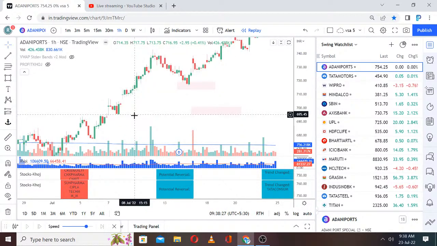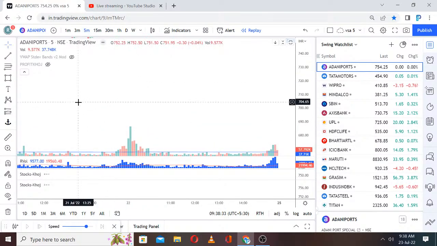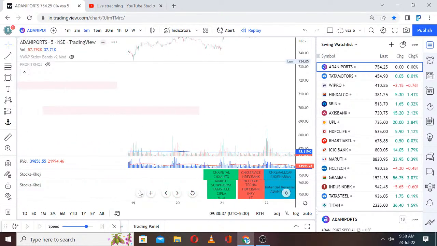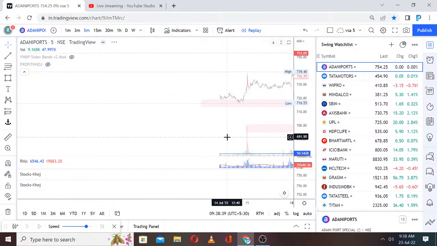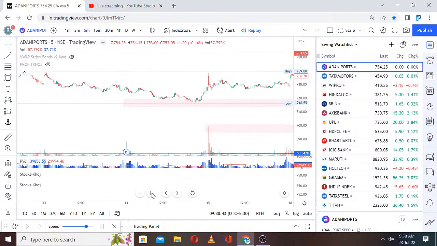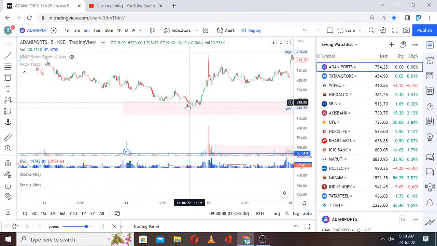Now we have marked our entry zones. Now we will go to 5 minutes and wait for the market to come near our entry zone. Okay, you can see here the Adani Ports stock has come to our first buying zone.